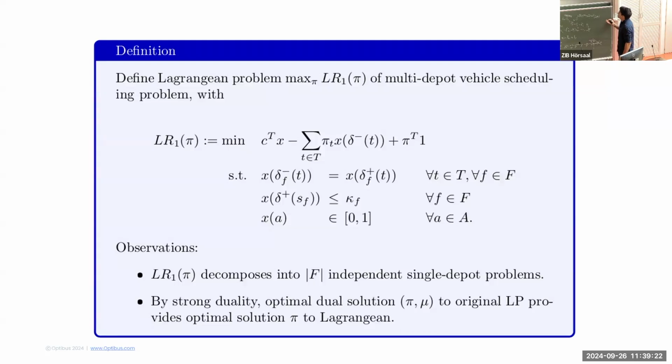The problem is the Lagrangian approach is difficult to solve, right? If you want to solve this from scratch with bundle or whatnot, it doesn't really work well. But here we have one subproblem, which still catches the network structure.